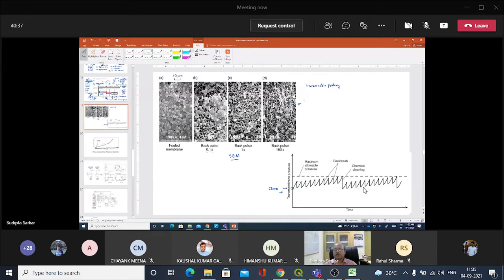Now you run this, and then you have the pressure drop increasing, and then you stop here. At this point of time you decide that a backwash or back pulse is needed.